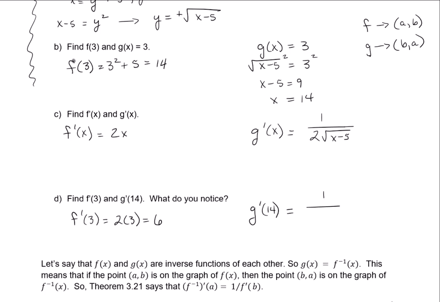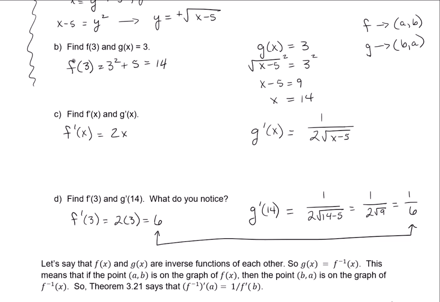That is 1 over 2 times the square root of 14 minus 5. That's 1 over 2 times the square root of 9. Square root of 9 is 3, times 2 is 6, and that is 1/6. So what do you notice about these? We notice that those end up being inverses of each other.